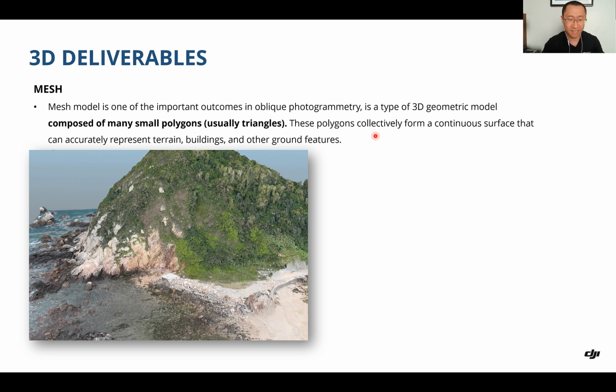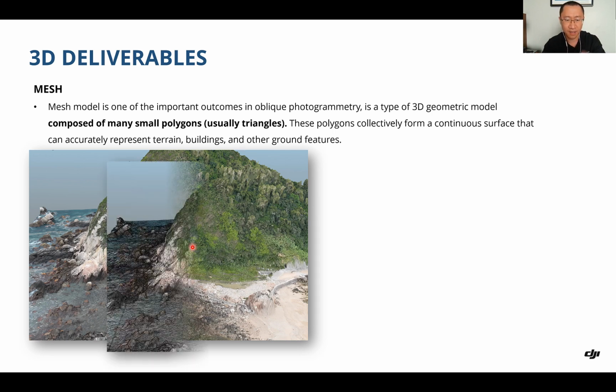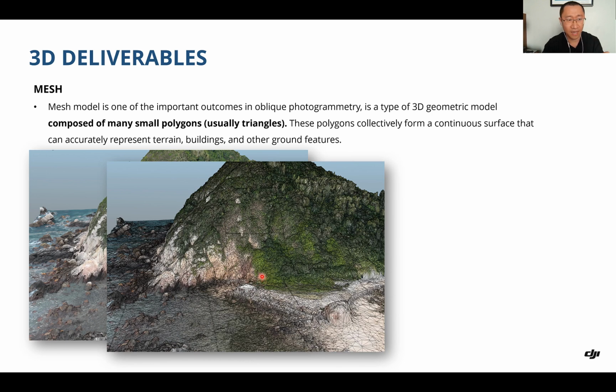To help you better understand what a mesh model is, I have attached several screenshots. The first picture is the original 3D model. Next, let's combine the mesh model and the 3D model together, as you can see. Actually, this model is composed of lots of small triangles.